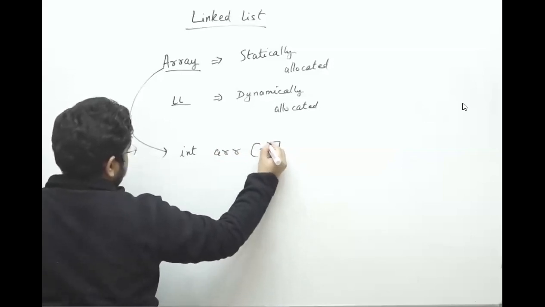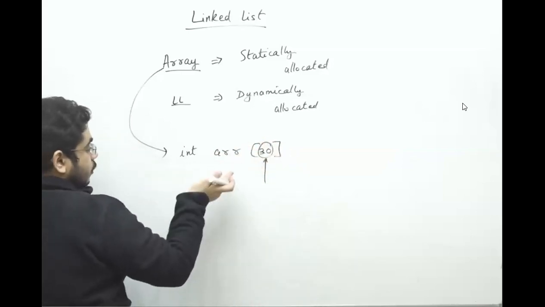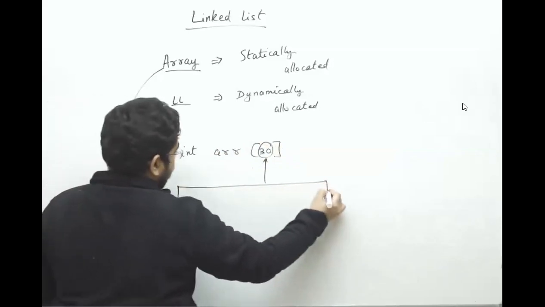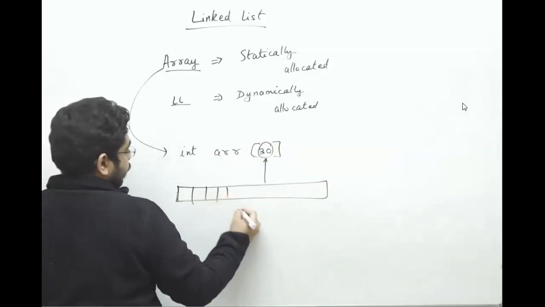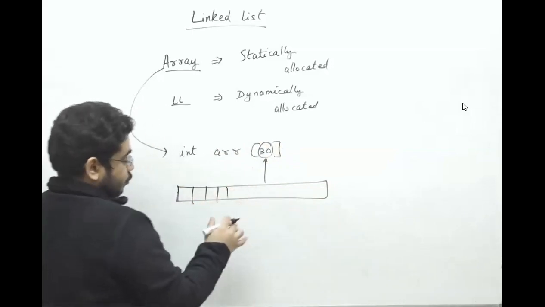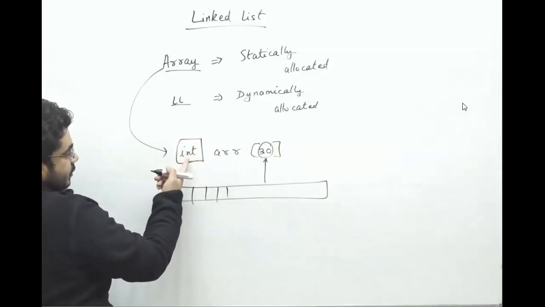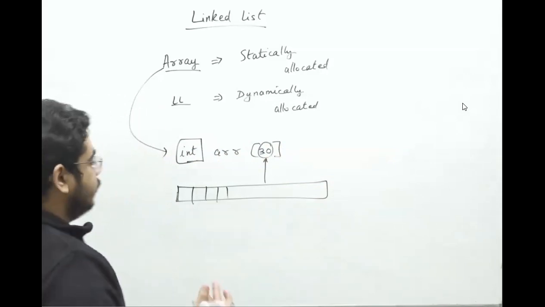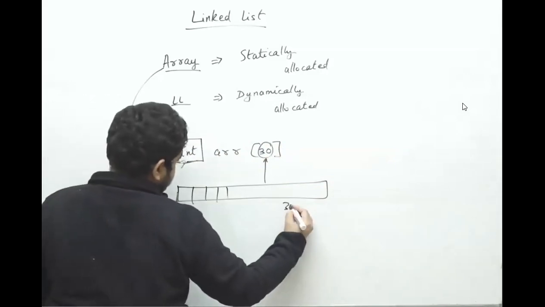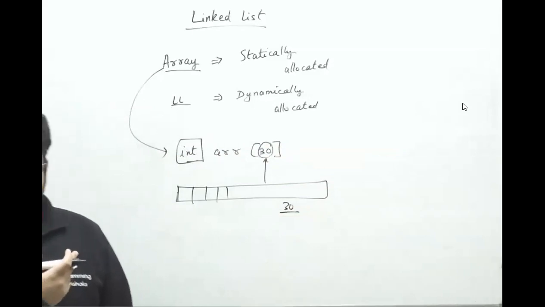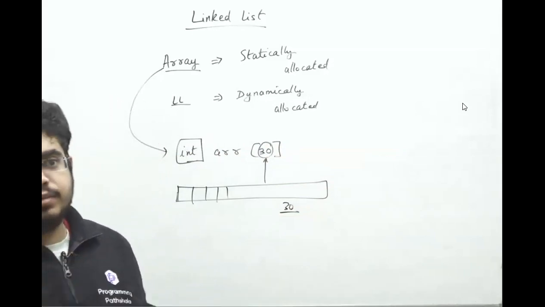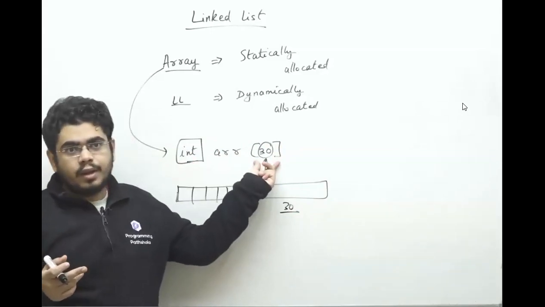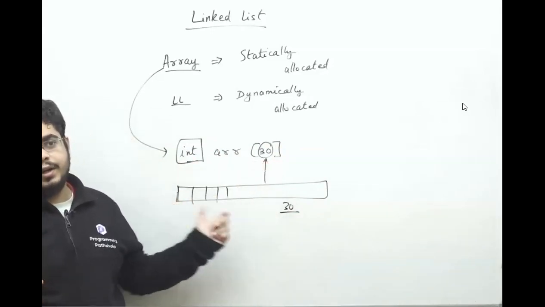This number is important because the compiler or your OS books a space of 30 elements for you. If this is an integer and every integer takes, let's say, one byte, it will book 30 bytes. Does that make sense? Yes or no? Depending upon this number, it's statically allocated to the size.